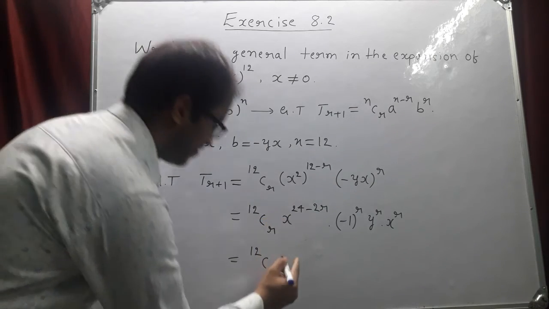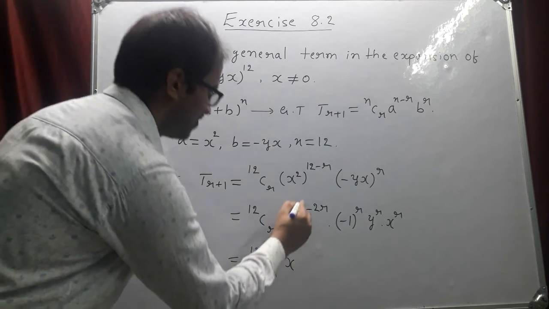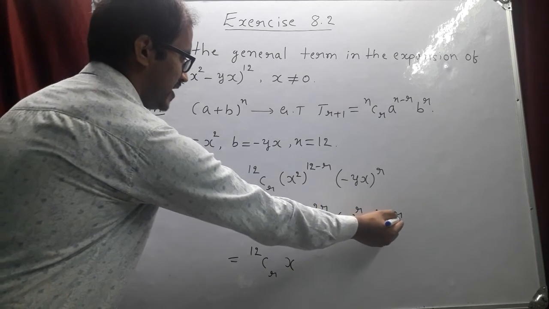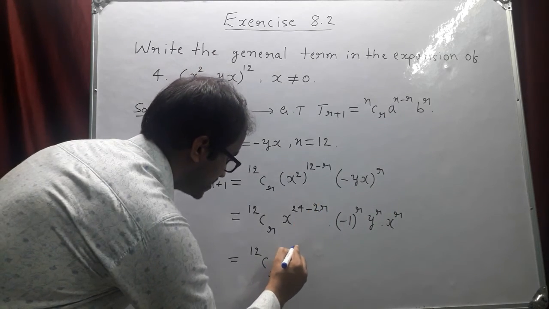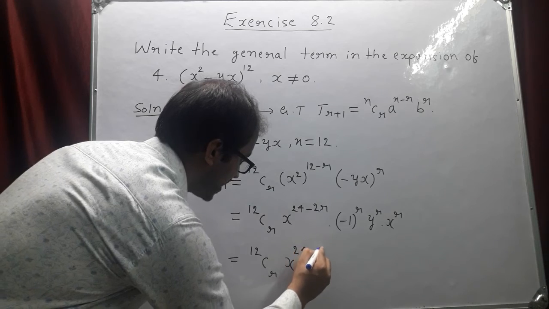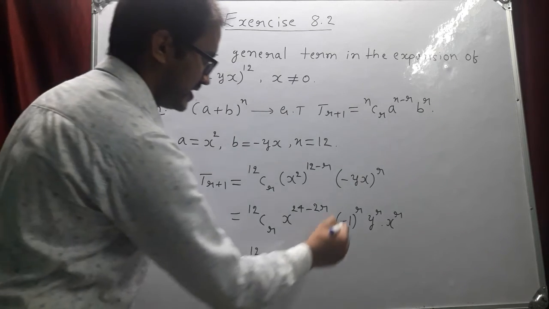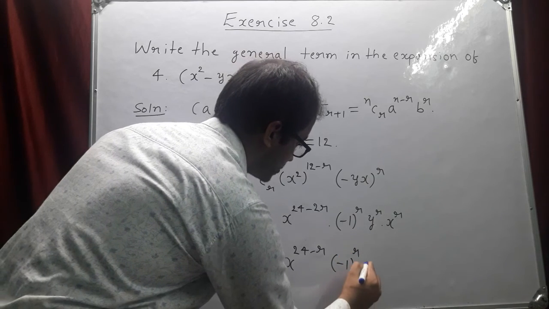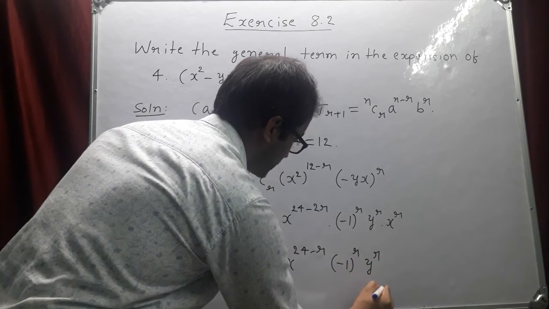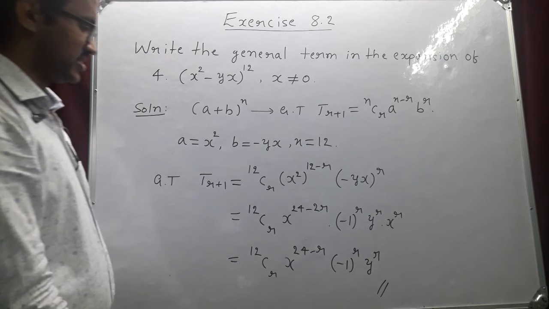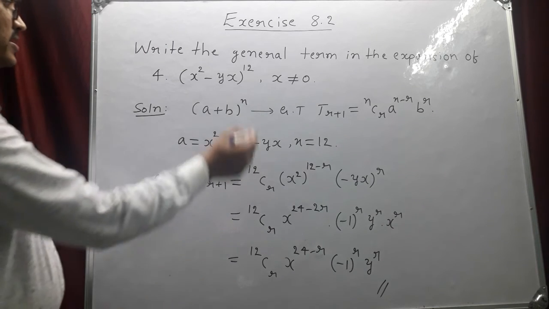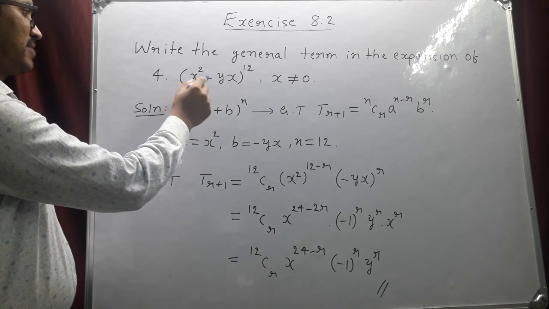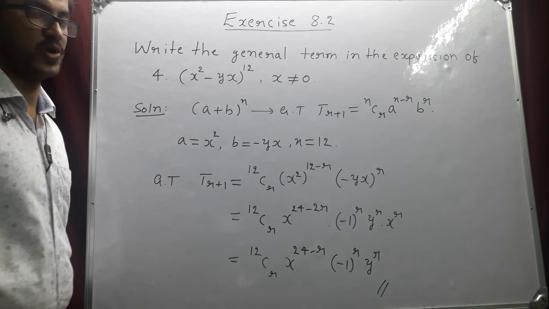So here x power, what we will get, 24 minus 2r plus r, so that is x^(24 − r) into (−1)ʳ yʳ. So this is the general term in the expansion of (x² − yx)¹².